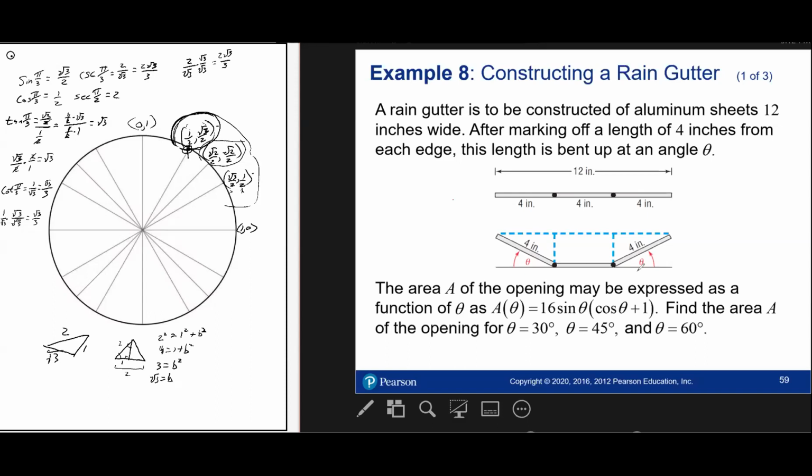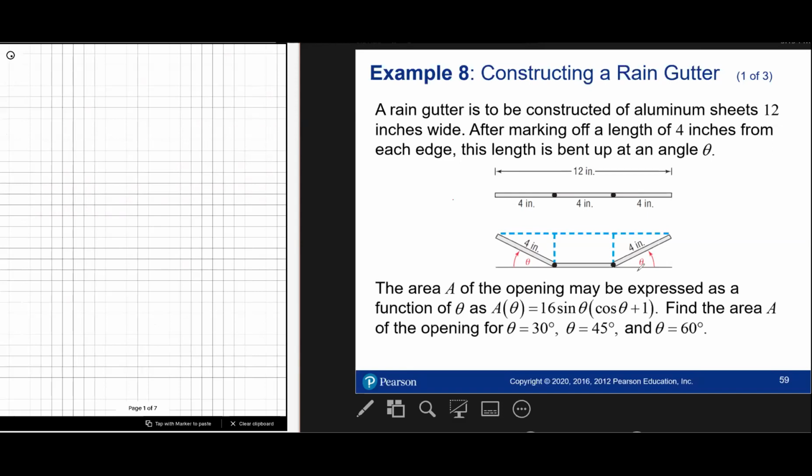So they give us three angle measures to put into that formula. So you have 16 times the sine of theta times the cosine of theta plus 1.